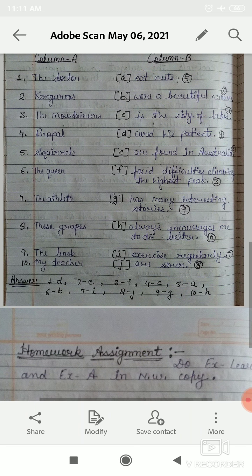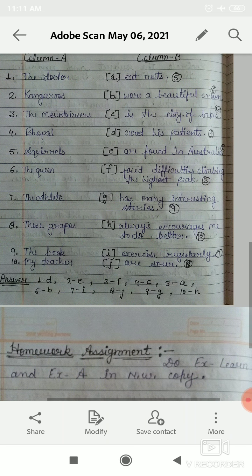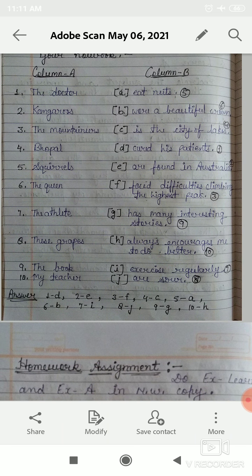Now number 5. Number 5 is squirrels. Okay, so students, tell me which option will match with number 5. So here option number A will match with number 5. Squirrels eat nuts. Okay, so number 5 squirrels will match with option number A, that is eat nuts.